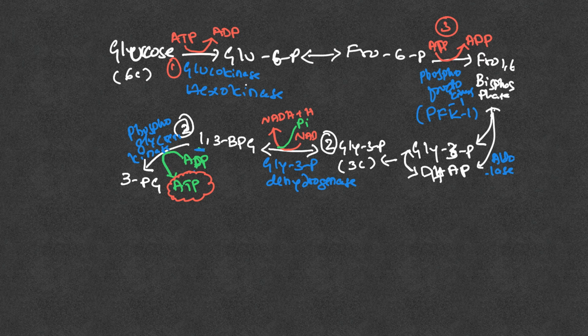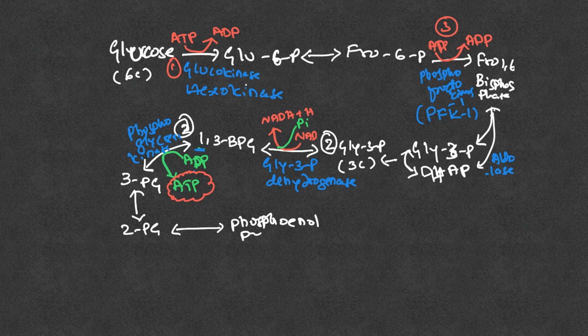Now let's see what happens to 3-phosphoglycerate. Now the 3-phosphoglycerate will undergo a reversible reaction to become 2-phosphoglycerate. Not much importance here. Now the 2-phosphoglycerate will undergo another reversible reaction to become phosphoenolpyruvate.